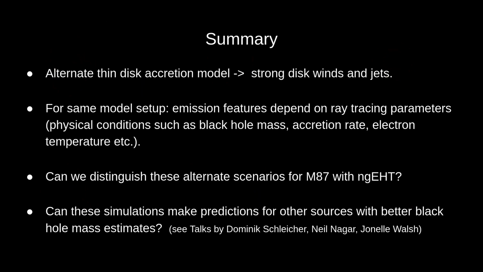So I leave as a summary that these models that we have are an alternate thin disk model, which show strong winds and jets. And for the same model setup, the emission feature depends, as we just heard in our last talk, on a lot of post-processing and ray tracing parameters, and it's very important to understand what we see and whether, for M87, with ng-EHT, we can distinguish different scenarios, like whether they are a signature of winds or a signature of the jet base.